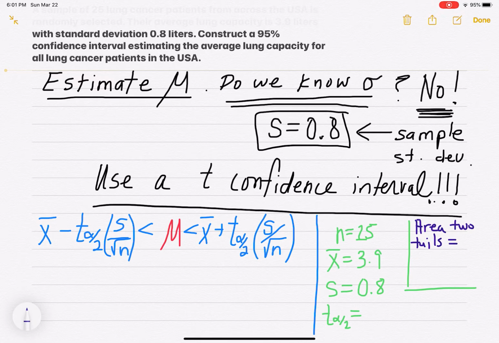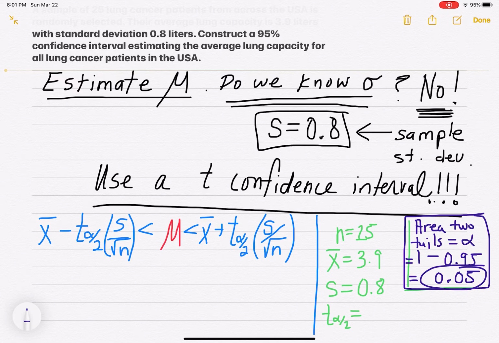So we calculated that by taking 1 minus the 95% confidence level, right? You want a 95% confidence level, so 100% minus 95%, 1 minus 0.95. That's going to be 0.05. So there's the area in 2 tails, sometimes called alpha.